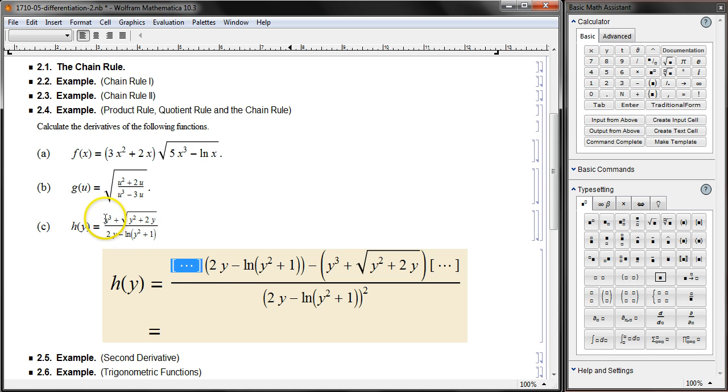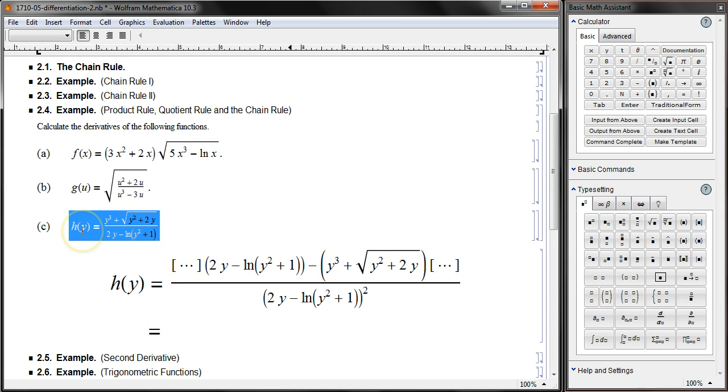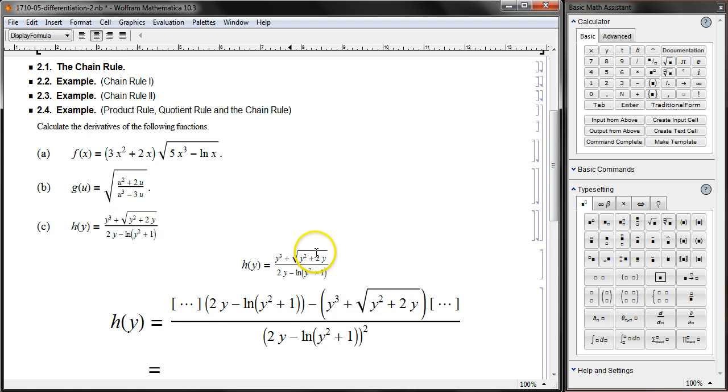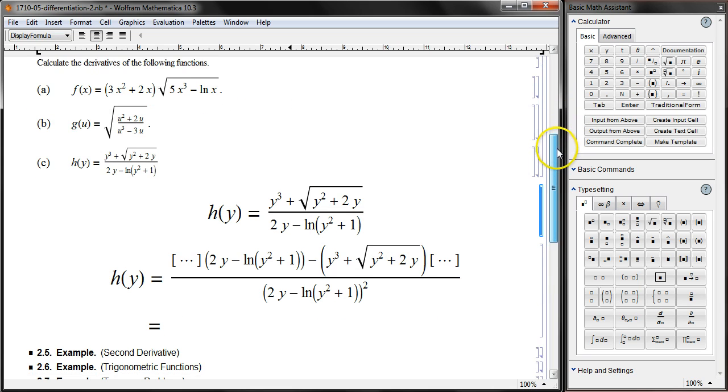Now in each of these you have to work out the appropriate chain rule here. Excuse me, let me increase the font. Okay, alright.